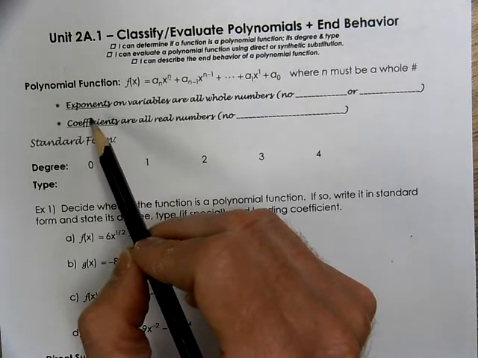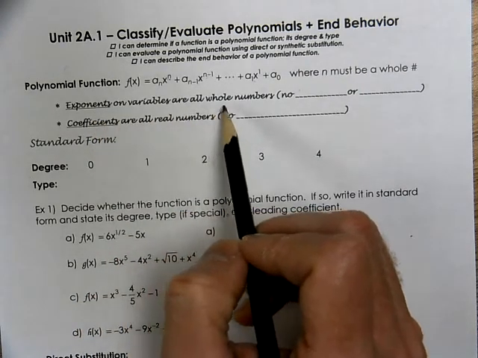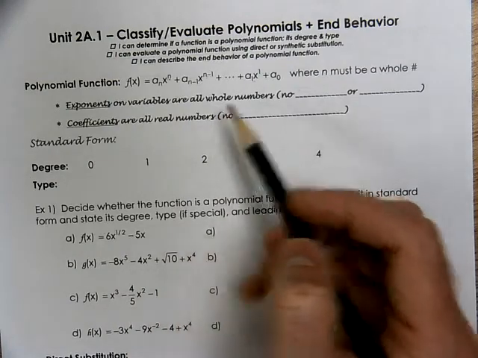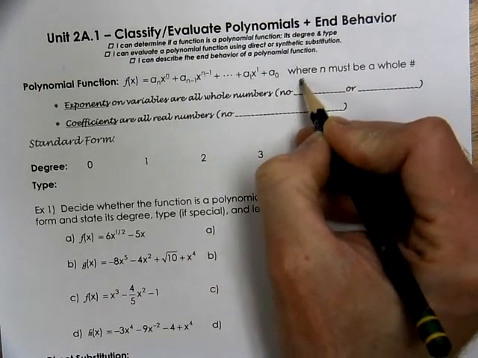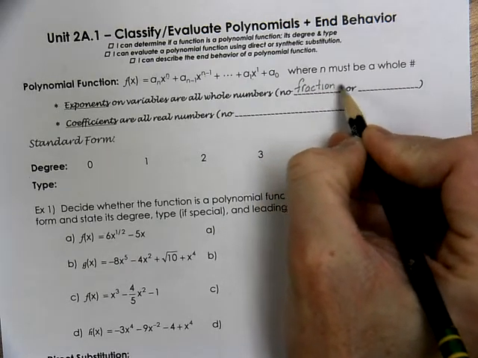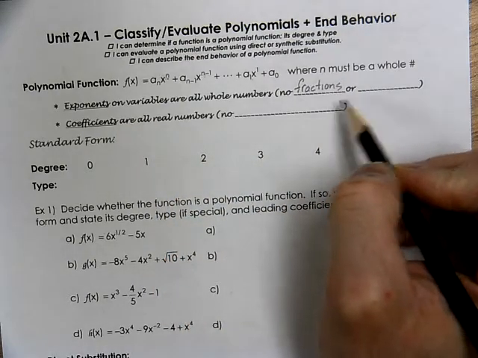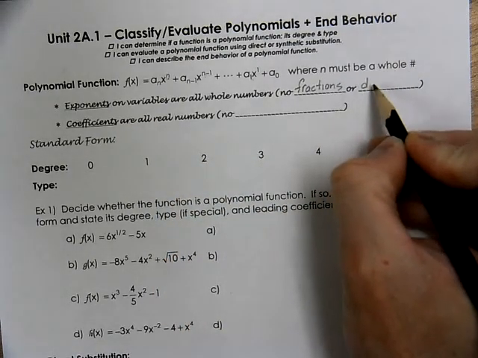Things that we know about a polynomial function are the exponents have to be whole numbers. They have to be counting numbers. So no fractions for the exponents on a variable, and no decimals.